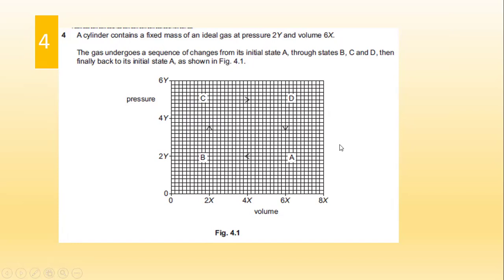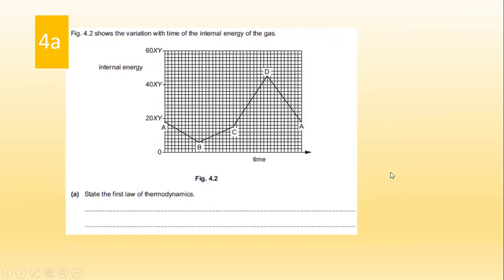The gas undergoes a sequence of changes from its initial state A, to B, C, D, then finally back to A. Figure 4.2 shows the variation with time of the internal energy of the gas. Internal energy against time.